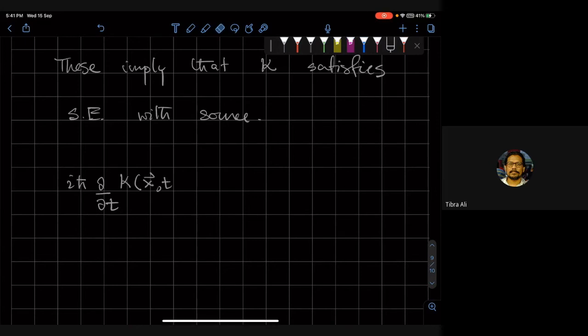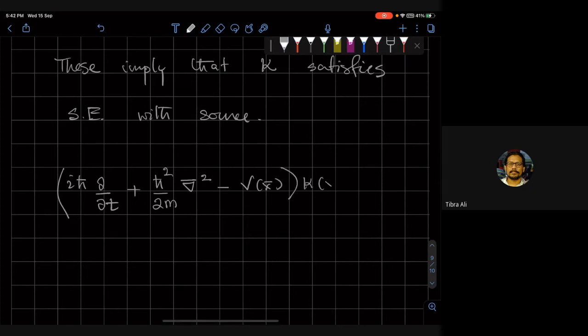let me just shorten this. And so the Schrodinger operator is minus i h bar d by dt plus h bar squared by 2m grad squared minus V of x. If I apply it on K(x, t; x prime, t prime), or t0, whatever you want to call it, then this satisfies the Schrodinger equation except for a contact term.